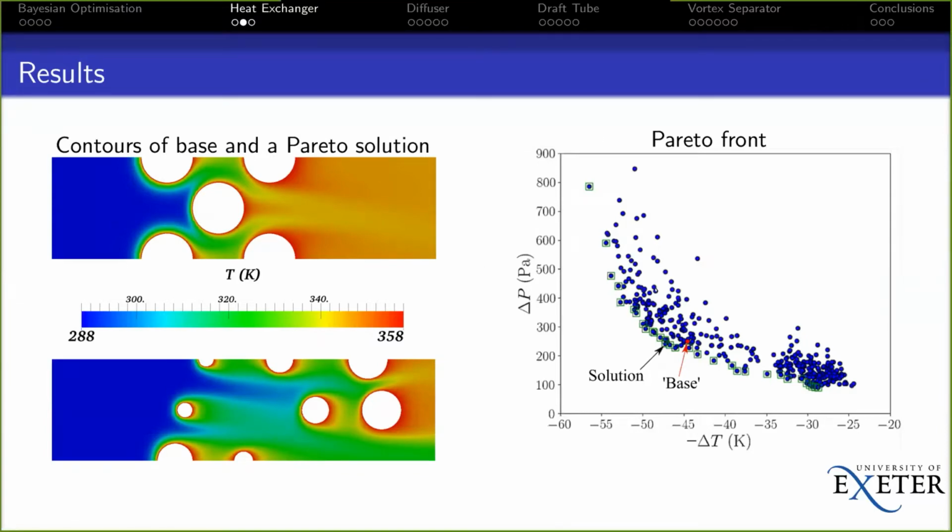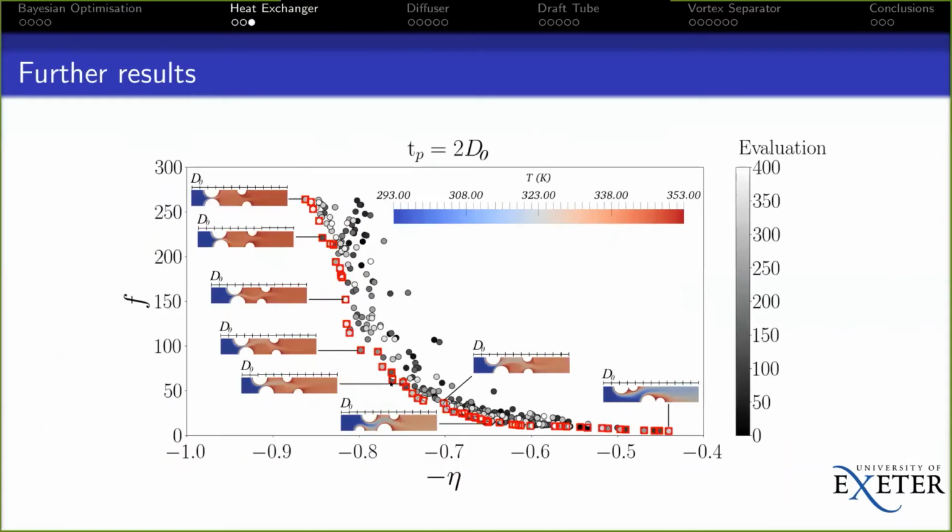And this slide as a whole shows you the Pareto front. We've run something like 200 calculations to get there. And this is our base solution and one of the Pareto front solutions over here, which is a slightly odd distribution of pipes of different sizes and different locations. And each of these elements on the Pareto front will be a different combination there.